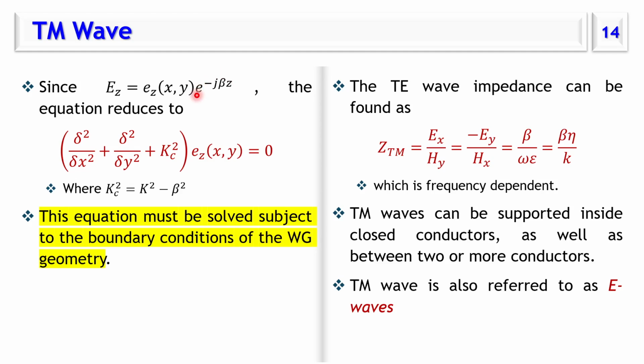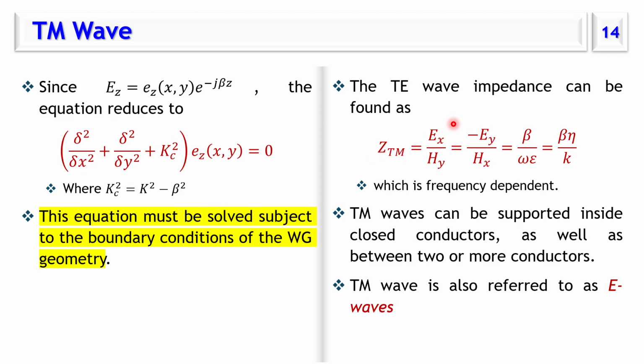Here we just substitute the dependency on Z into the homogeneous wave equation. We find the expression for Ez, and the detailed solution depends on the boundary conditions of the waveguide. Based on the structure and filling material, we can find the solution.